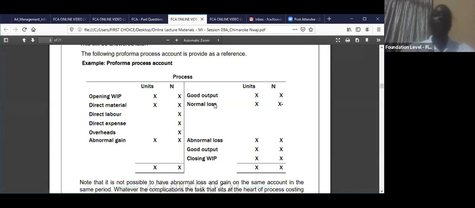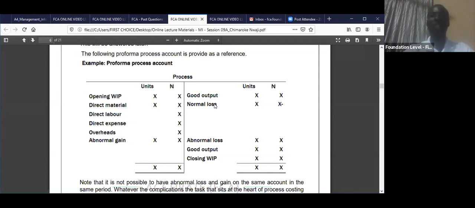So let's say, for example, you are manufacturing bread, and for every batch of 1,000 loaves of bread, you expect 1% normal loss.